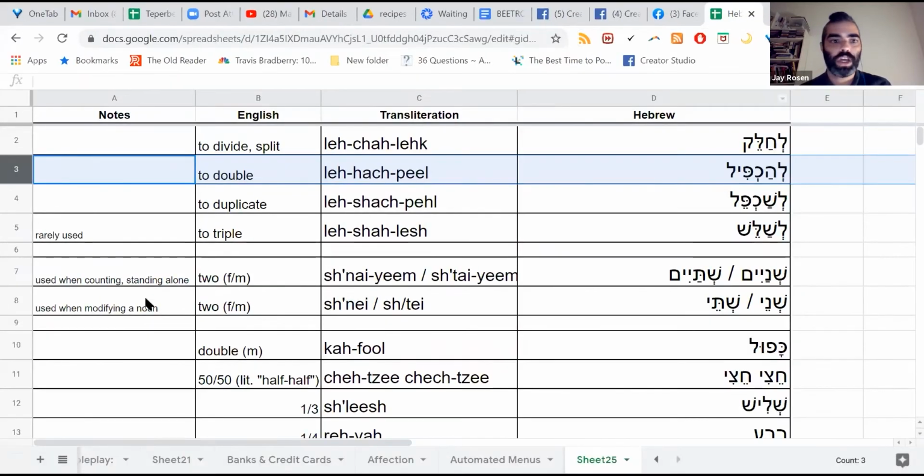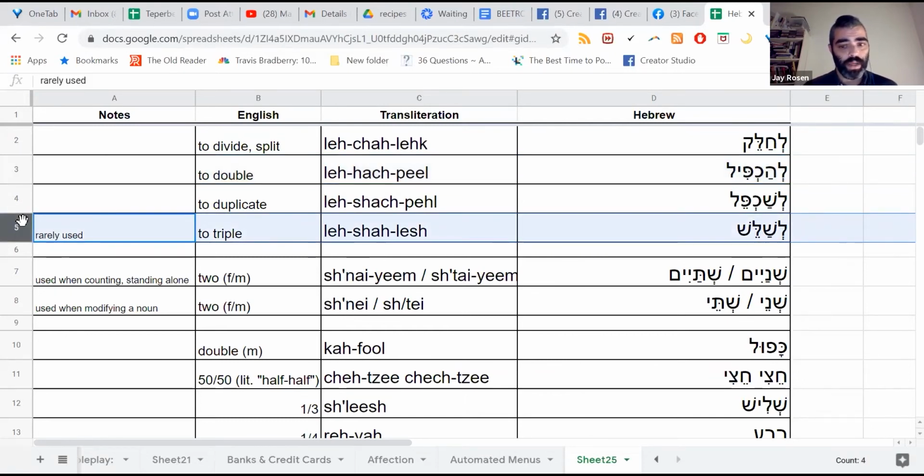Great. Okay, so lishachpel we said is to duplicate, and lachpil is to double. The last one we have of these verbs that have a numeric meaning is one you'll rarely hear, but just for the sake of uniformity, just so you have it, is lishalesh. Lishalesh is to triple, okay? In the event that you need to triple something, there's an actual verb for it.